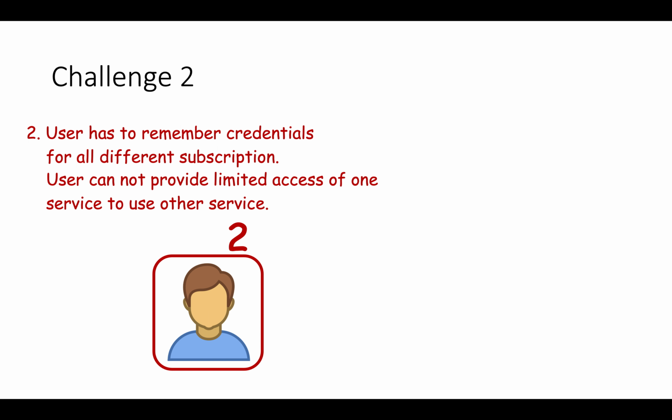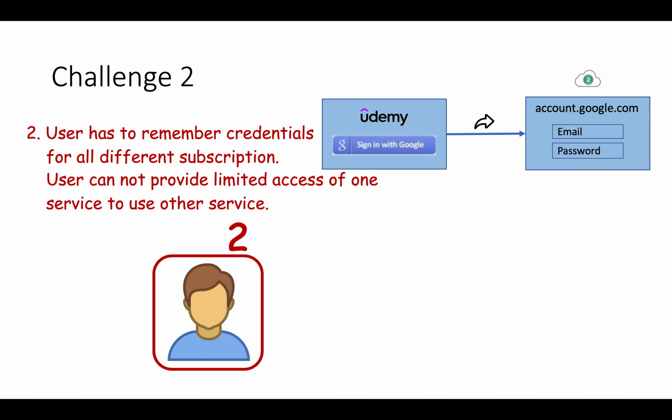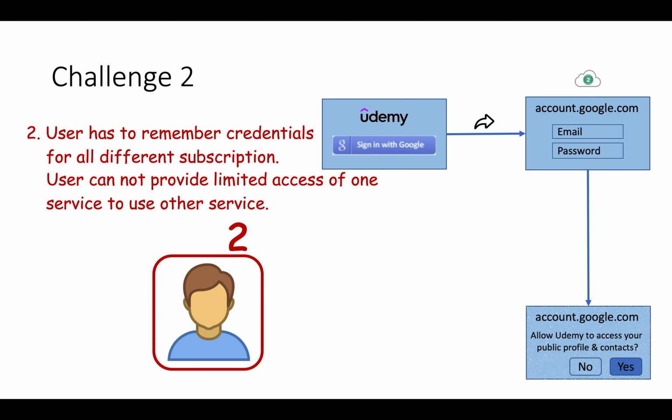If you look behind the scenes, the user opens the Udemy site and chooses to sign in with Google. That will redirect the user to the Google login page. Once the user completes login, Google asks the user to allow Udemy to access public profile and contacts.